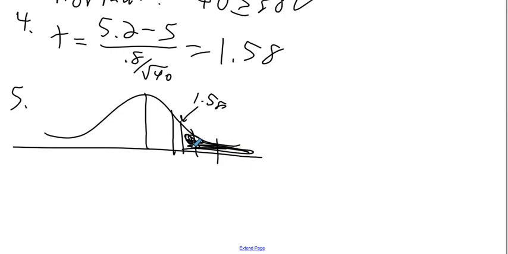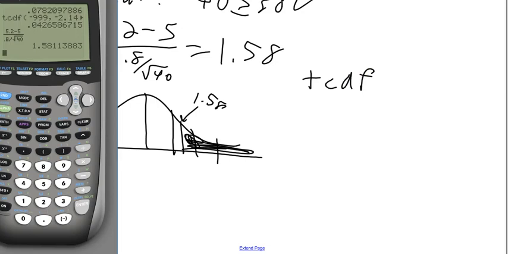All right. Now we're going to do our TCDF. I can't spell TCDF. Remember, easy way to do this, and you have it written in your notes from yesterday. We hit second bars. We hit number 6. You should be practicing this on your calculator. Now, since we're going to the right, our number 1.58 is our lower.